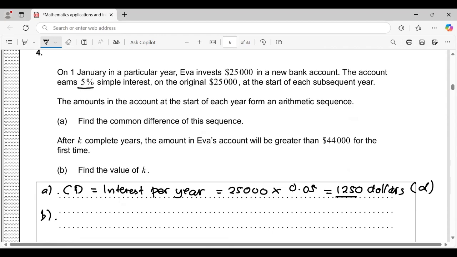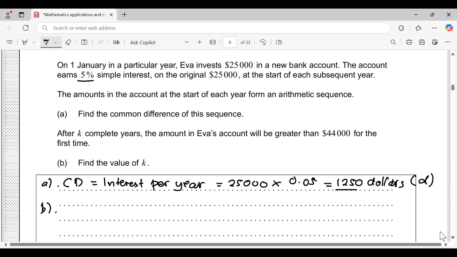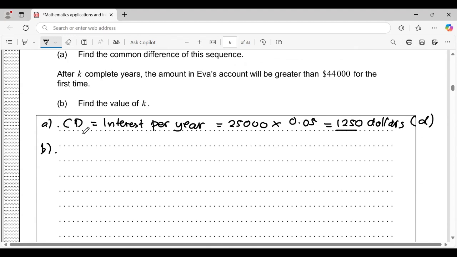Find the value of K. We need to use the general formula for the amount, A_K equals A_1 plus K minus 1 times D, the common difference, or it is 25,000 plus K minus 1 times $1,250.